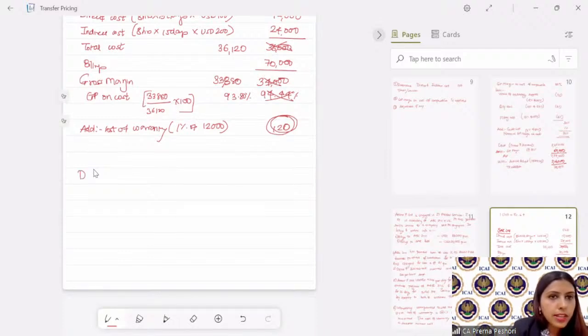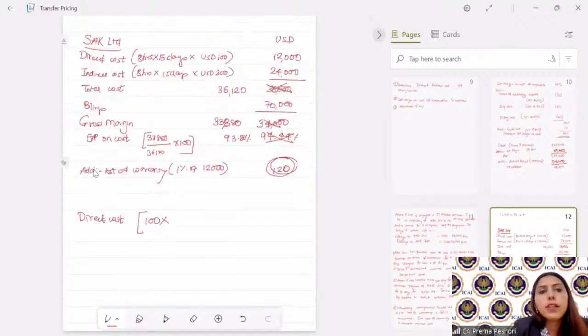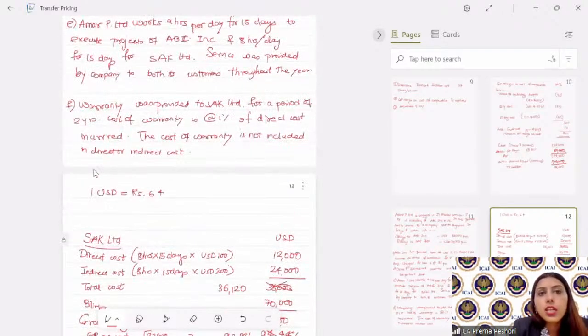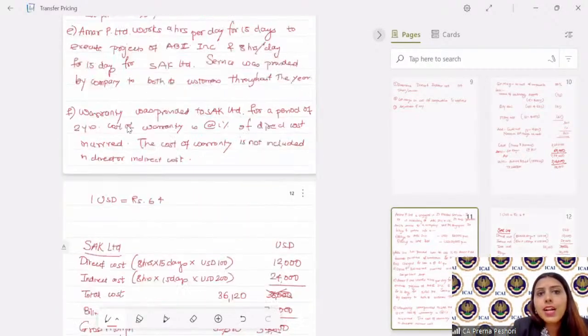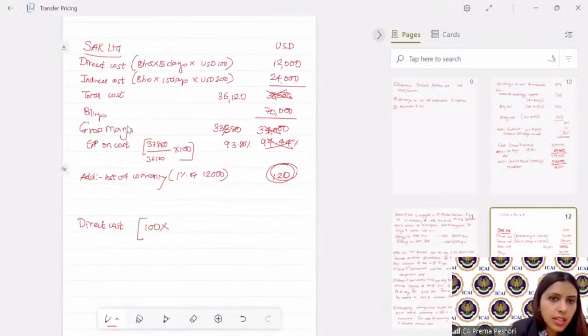So again, direct cost for ABC will be 100 USD into how many hours it has been working? It has been working for 9 hours into 15 days. So 9 hours into 15 days, which comes to 13,500.